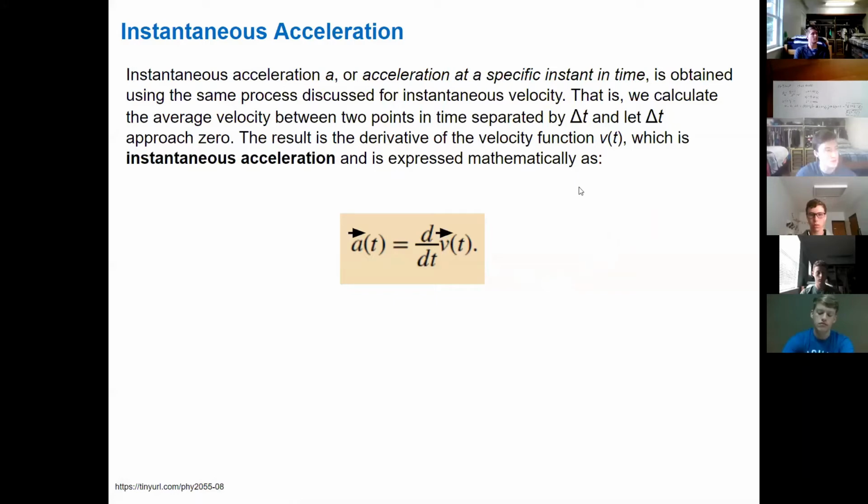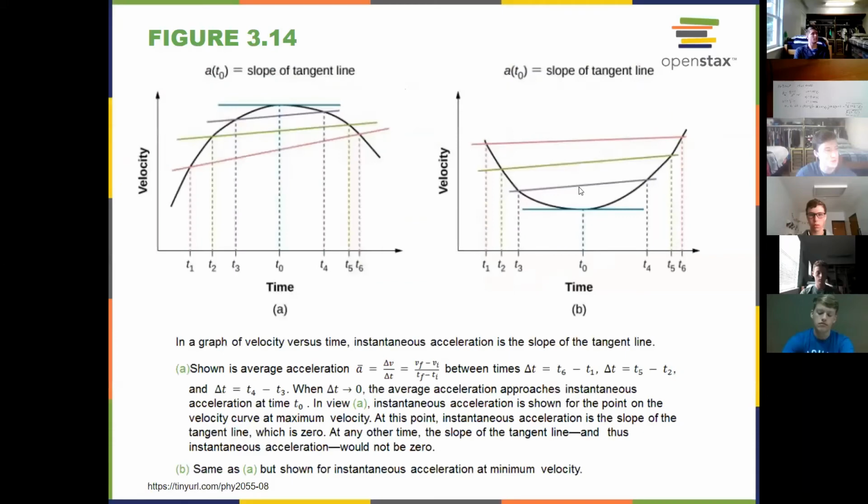So we can also do a graphical representation. Okay. So if you have a plot of velocity versus time t, then you can get the instantaneous oscillation at any time. Okay. So for example, t0 here, you can take the slope of the tangent line of that curve.